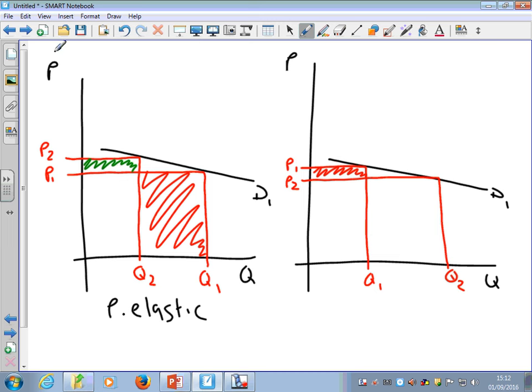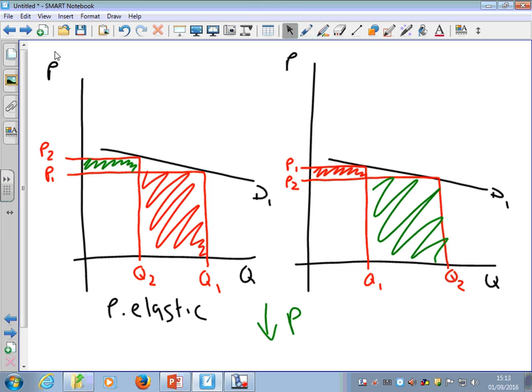But, so what? They gain that massive box there. So what we would say is that when the demand is price elastic, put the price down. It will result in the firm earning more revenue. Now what this means in markets is that when the demand is price elastic for goods and services, then prices tend to be quite low. When the demand is price inelastic, then the price will tend to be a lot higher.